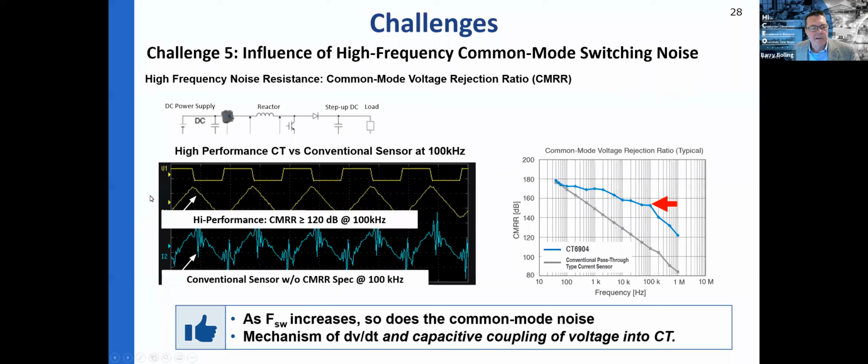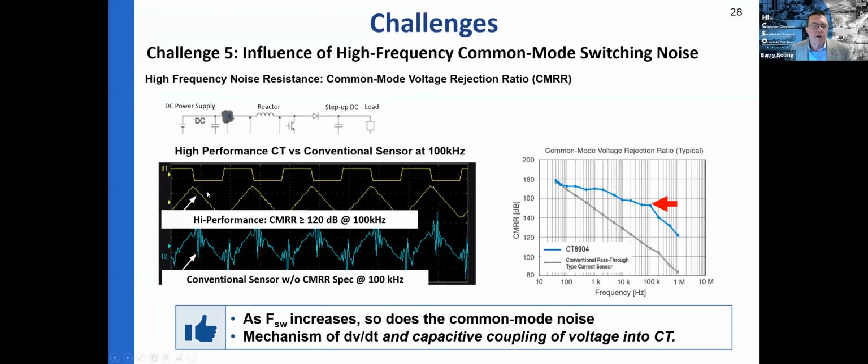It got aliased back into the passband of that instrument and then calculated as power, so that the efficiency equation had output power about 20 or 30 points higher than was actually there. It was partly the fault of the CTs. They were very low cost CTs. They weren't off-brand CTs, they weren't our brand, but they were just a low-end CT where no caution had been taken to give these devices common mode rejection.